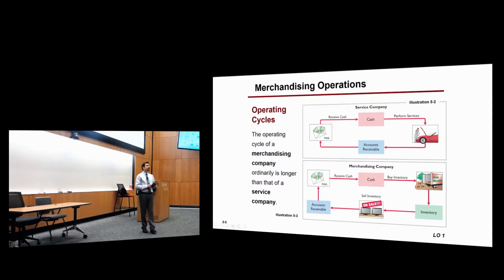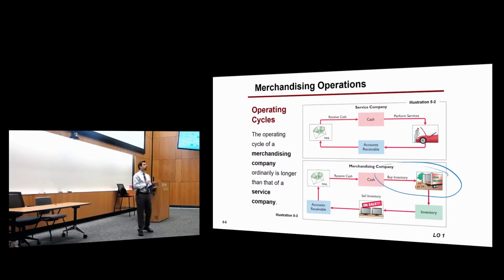Again, the operating cycle for the service company is shorter than that of merchandising companies. And why is that? With service companies, you do not have the step of buying inventory. So what does it mean? You provide the service, you send the bill, you receive the payment, right? This is for service companies.